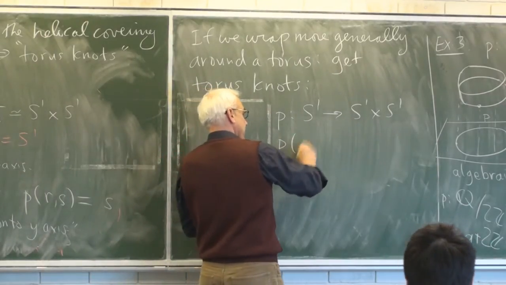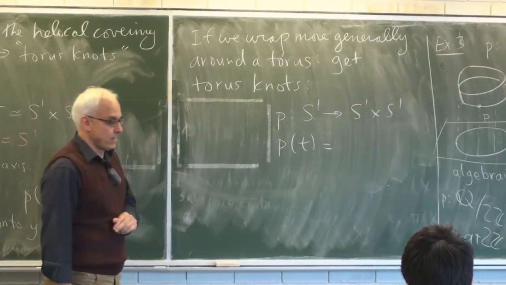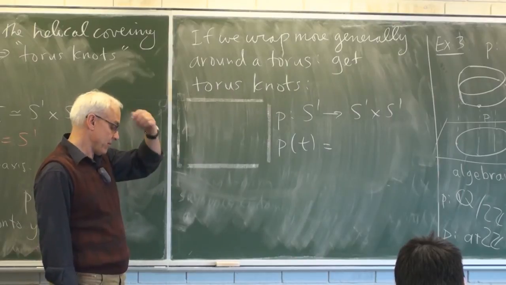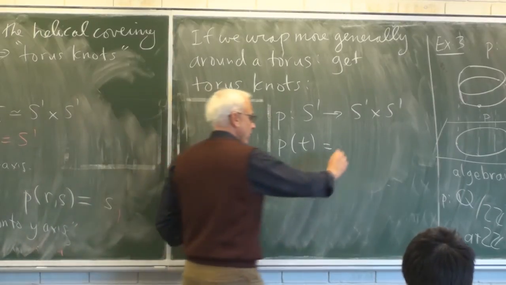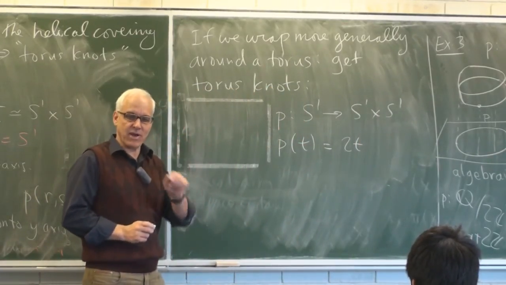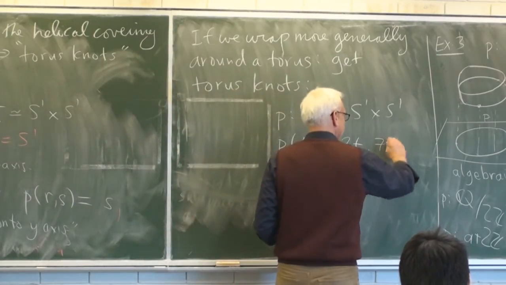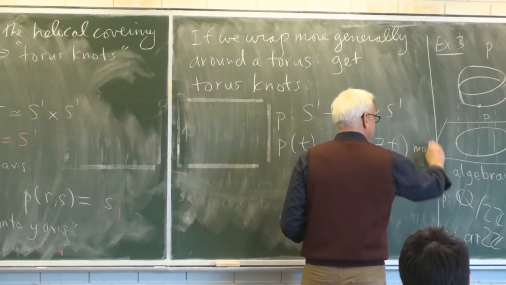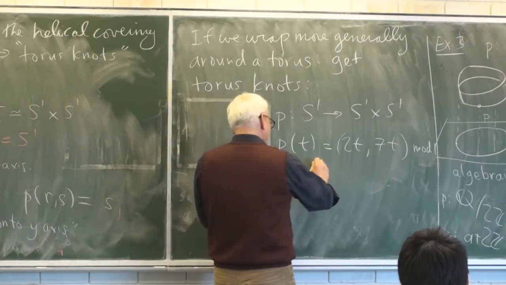We can define P of t to be (2t, 7t), okay, we want this to go twice around the x direction, so I'll put 2t there. And we want to go 7 times around the y-axis direction, so I'll put a 7t there. And I'm doing all of that mod 1. T is in [0, 1].